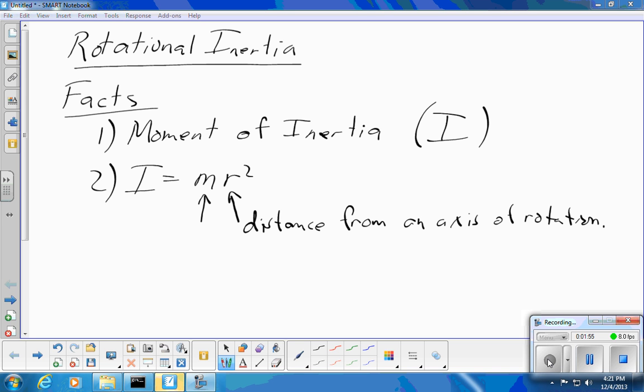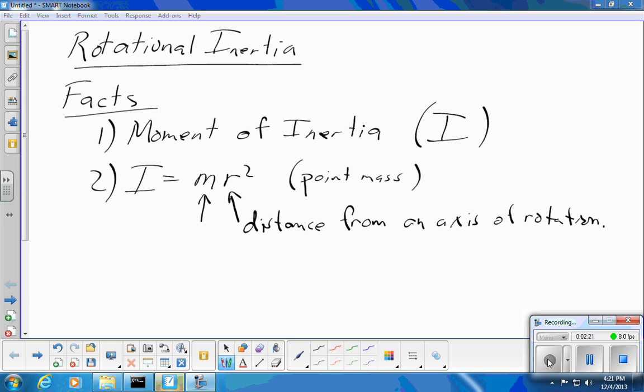So this is an important thing to recognize. Now, I'm also going to explicitly mention that this is the equation for moment of inertia of a point mass. So this is something you would use if someone says there is a point mass 6 centimeters from an axis of rotation, what is its moment of inertia? Or something that you can treat as a point mass, whatever that might mean.